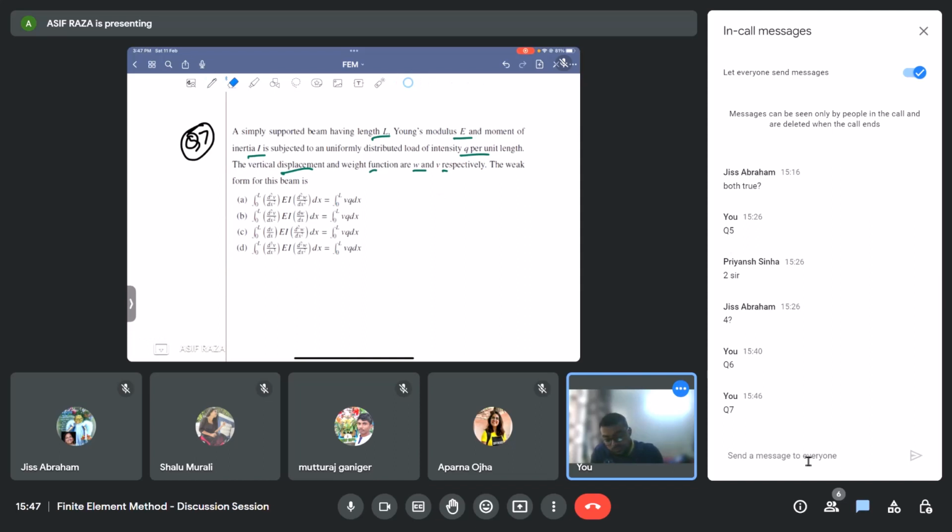Governing differential equation is what? EI d to the power 4 w by dx4 equals q. This is the governing differential equation. We need to find the weak form pertaining to this. What will be my weak form?